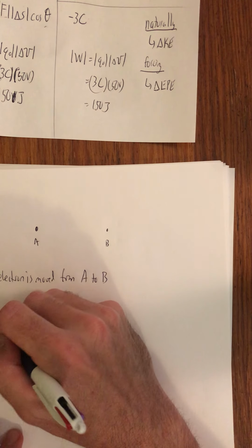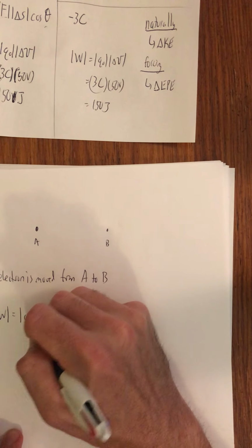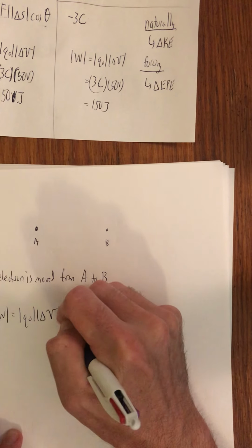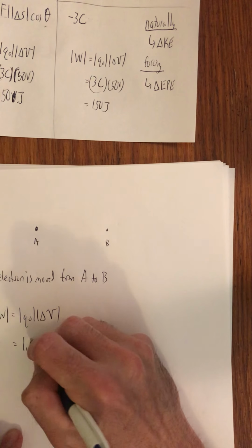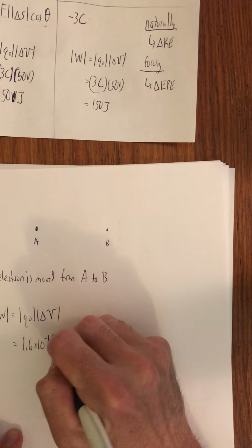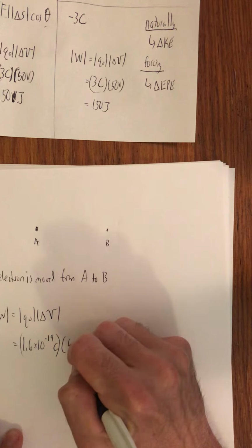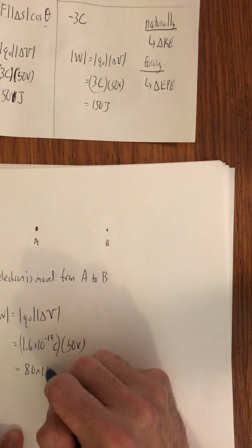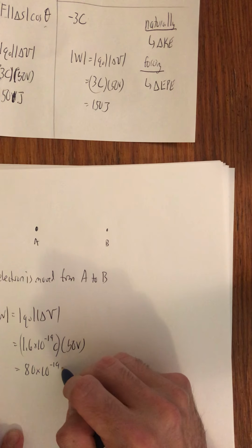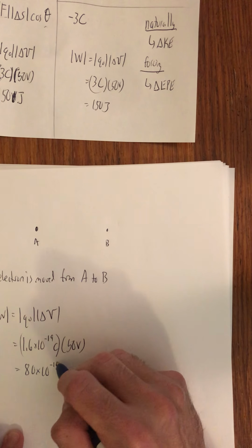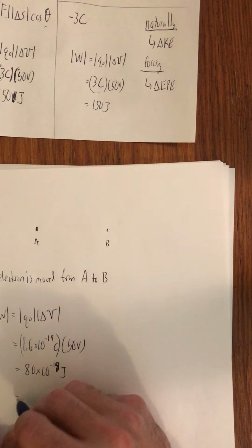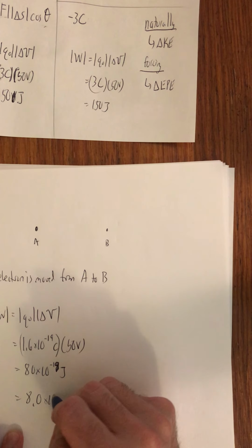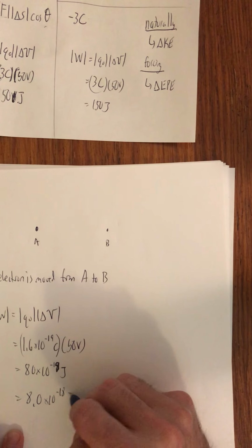So what would that mean? Well, work would be QV, and we would put in a charge of 1.6 times 10 to the negative 19th coulombs times 50 volts, and we would get 80 times 10 to the negative 19th joules, which would be 8.0 times 10 to the negative 18th joules.